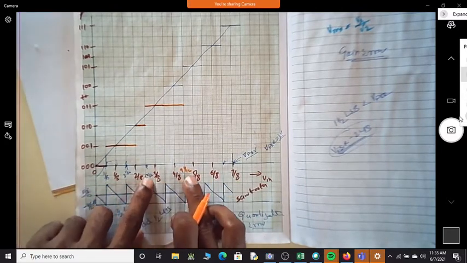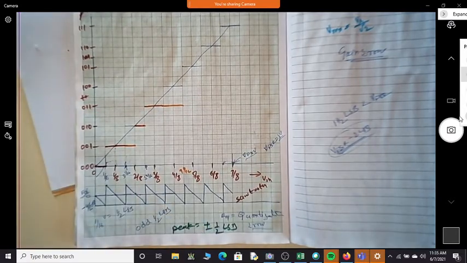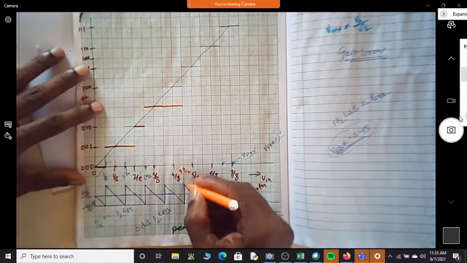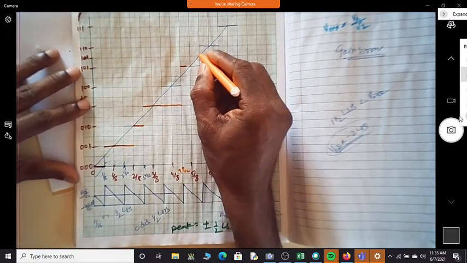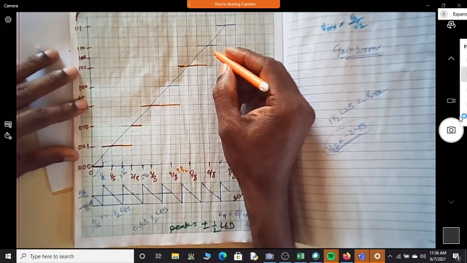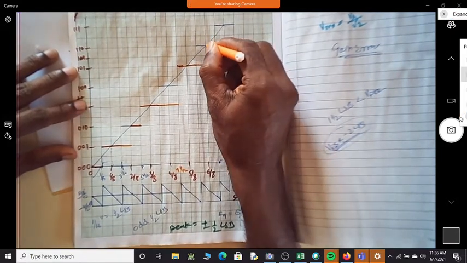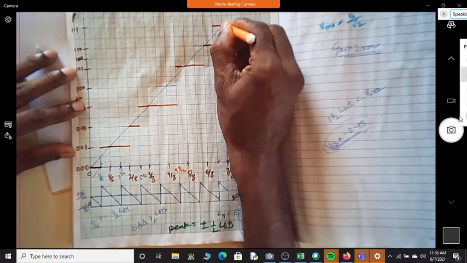From 5 to 9 half LSB, output voltage is 011. Next, assume that this is happening here, and this will go another half LSB more. Then this is this, and this is this.